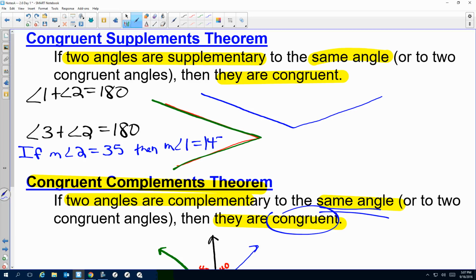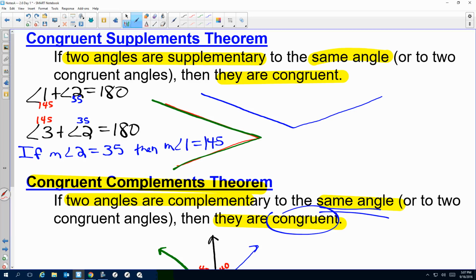Okay. So remember that. We know that angle 2 is 35. We just calculated that angle 1 is 145. Look what's going to happen. Angle 3 would have to also be 145 to have a supplementary angle. So they are congruent. 1 and 3 are congruent. They're supplements to the same angle, angle 2. Do y'all see that?